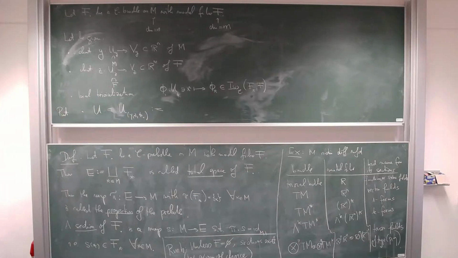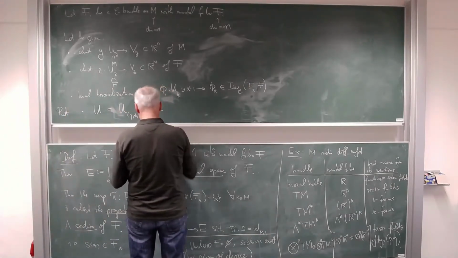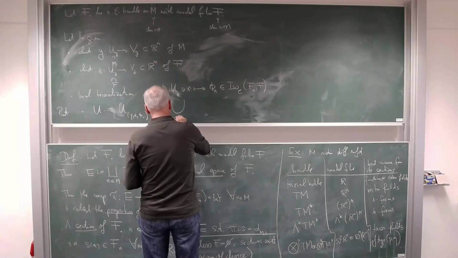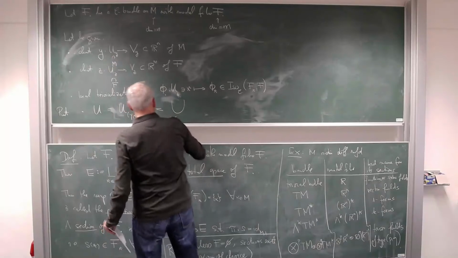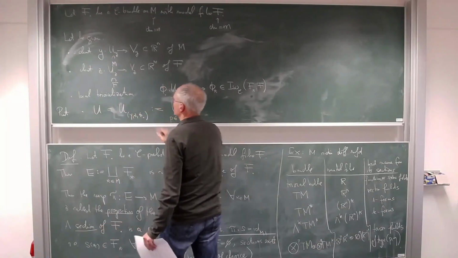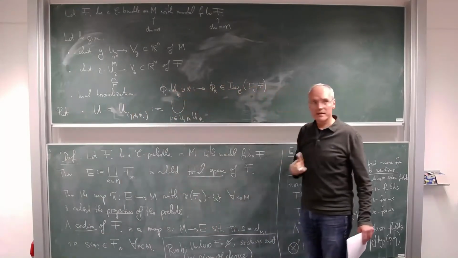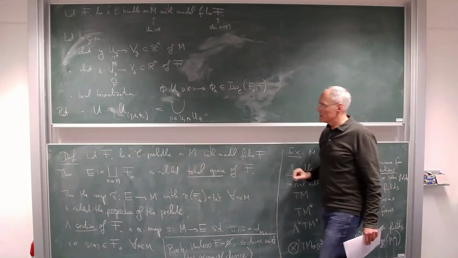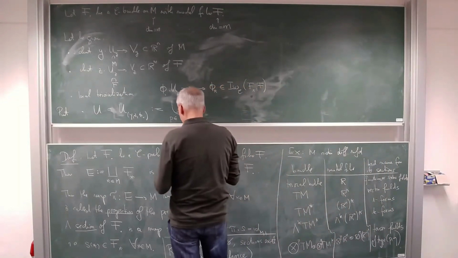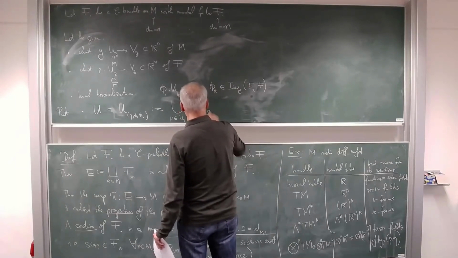This is defined as the set: let me take the union over all points in U y intersect U phi. Remember, U y and U phi are both subsets of M, so I can take their intersection and look at all points in it. Then I take my trivialization.